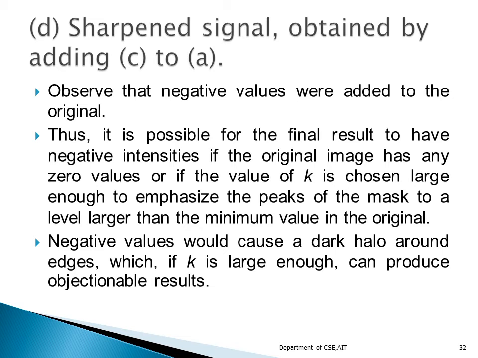The result won't be good. So whenever we have negative intensity, we should see that the k value is chosen appropriately. It should not harm the result. The peaks or features should be highlighted, but the overall image should not be spoiled. In such a way, we have to choose the k value.